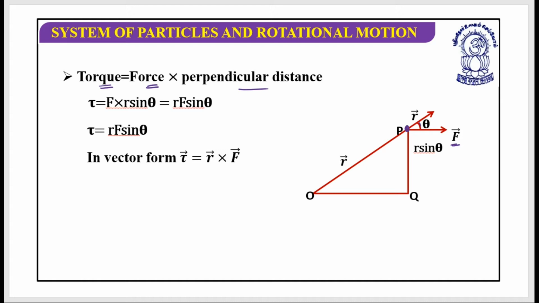This is R, and we have two perpendicular components of R: one is R sine theta, while the other is R cos theta. It could be there or it could be here.